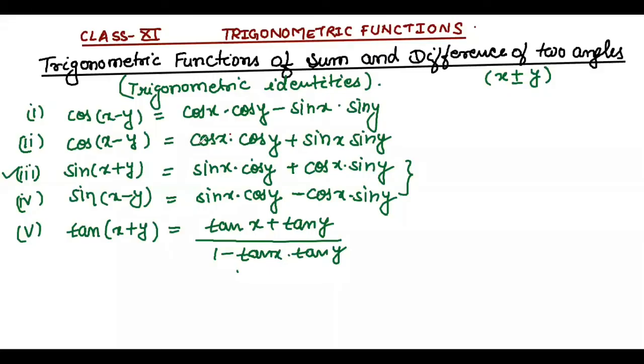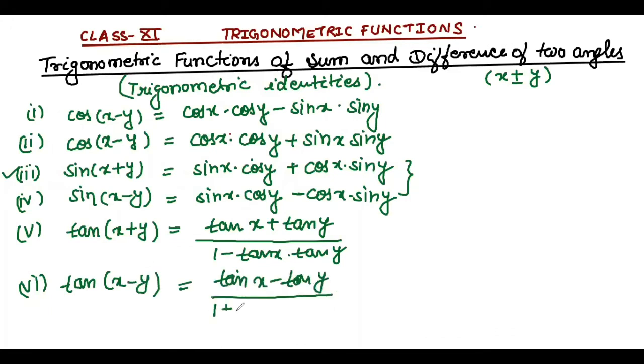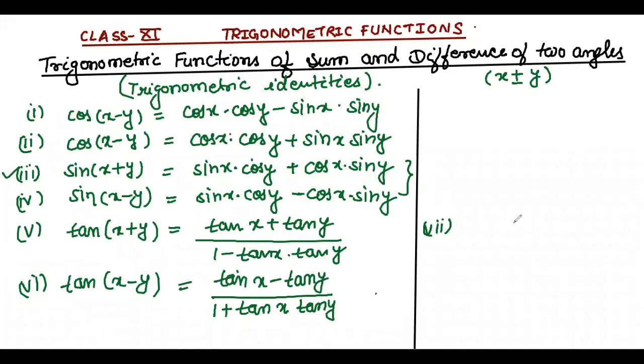So next, tan of x minus y, that is tan x minus tan y by 1 plus tan x into tan y. Now next, that is cot of x plus y.